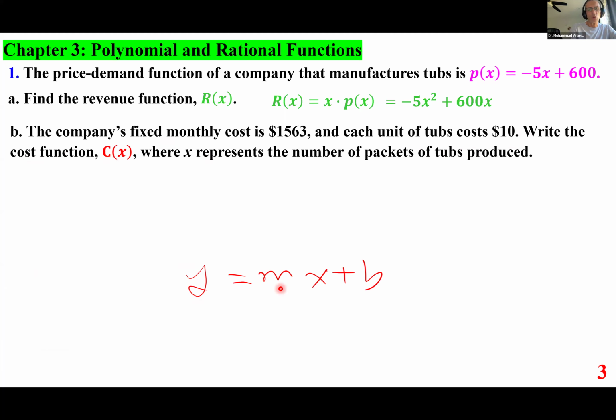M, the slope, is the $10 cost per unit, the varying charge. And b, the y-intercept, and now the C-intercept, is the fixed cost. So b is 1,563. Therefore, C of x is 10x plus 1,563.